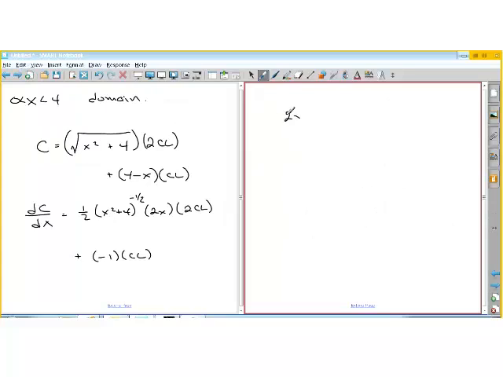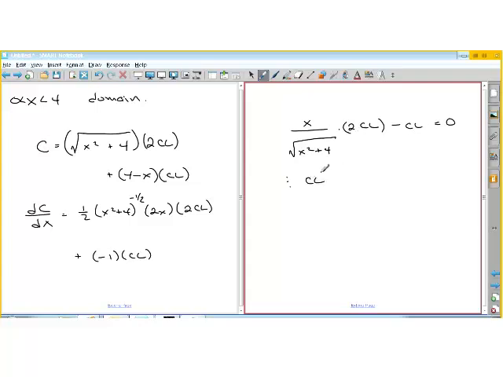And we set that equal to 0, so let me rewrite it as, okay, what we can do is, let's just go ahead and simplify while we're doing it. 2 cancels out with 2, so what we get is x divided by the square root of x squared plus 4 times 2CL minus CL is equal to 0.